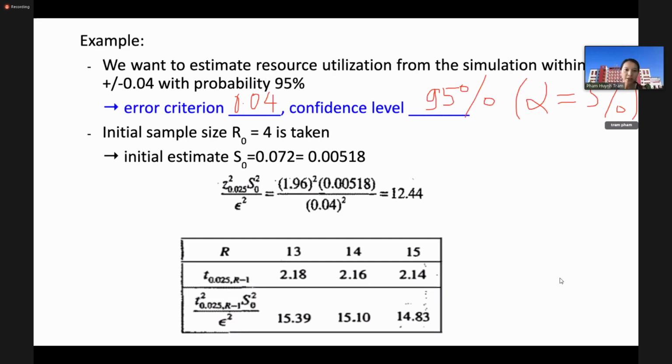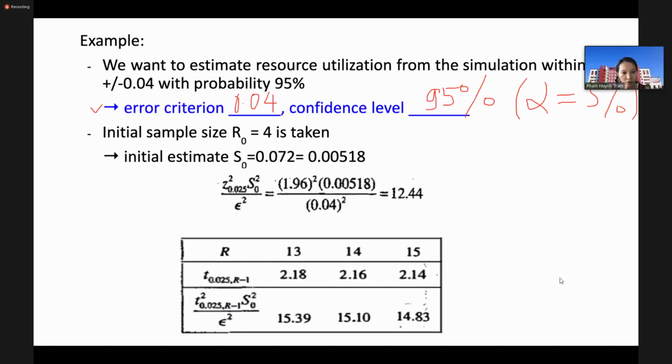Now we want to see how many replications we need to run in order to have our confidence interval within 0.04 with the confidence level of 95%.